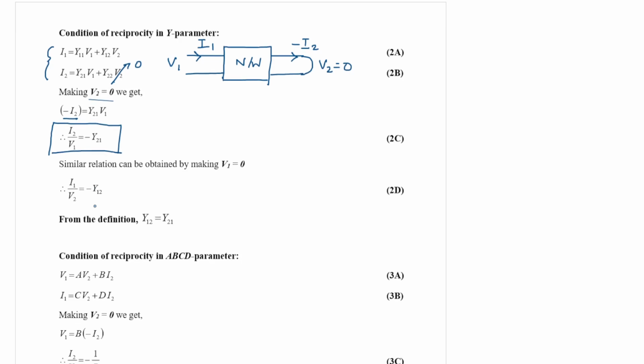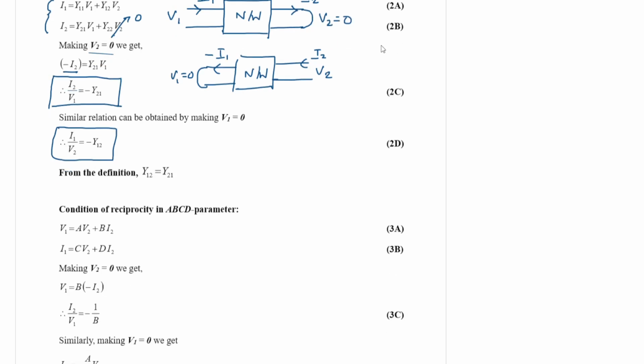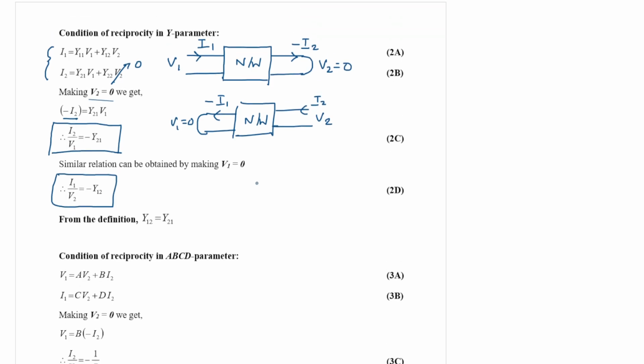And if we conduct a similar approach on the same network, now if we give supply from the output side V2, which is giving some current I2, and we make a short circuit at the input side, the current becomes minus I1. So we will get a similar relation, I1 by V2 is equal to minus Y12. From the definition, you know I2 by V1 is equal to I1 by V2.